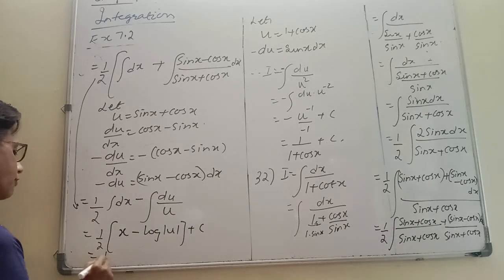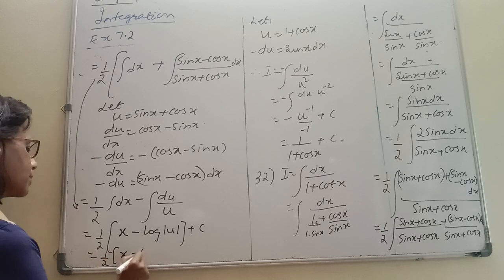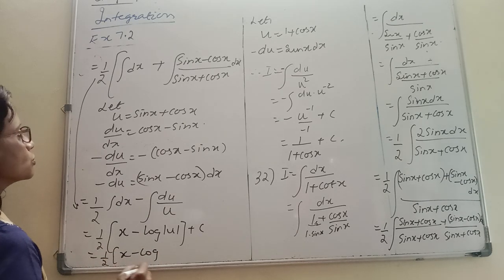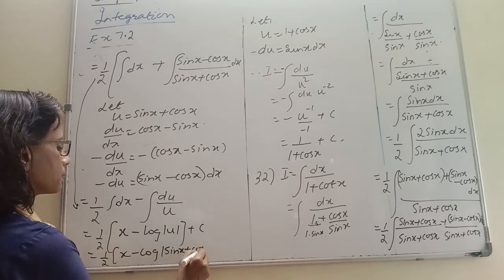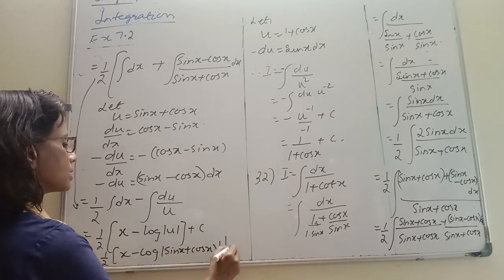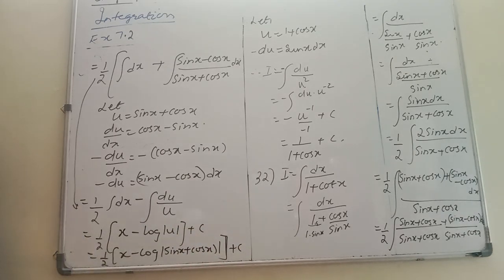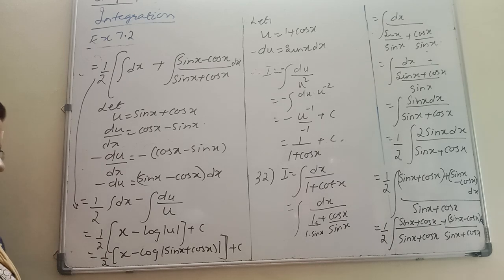So half times x minus log modulus u is what? It's sin x plus cos x plus c. That's about it. So that's going to be your answer, and this is how you go about doing this problem.